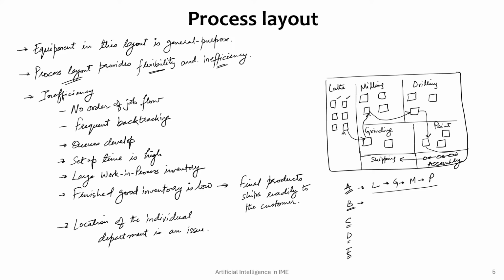So these are the different kinds of decisions that you need to make while utilizing your process layout, and you can easily see here that since the flow of a particular product is not well defined, that is why we can provide these kinds of solutions only for customized products.